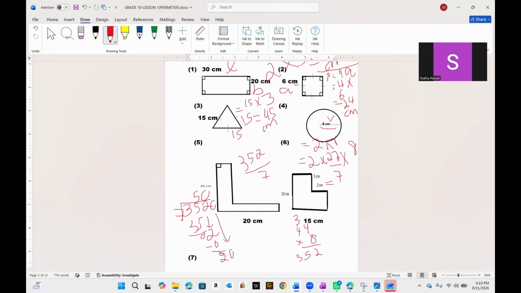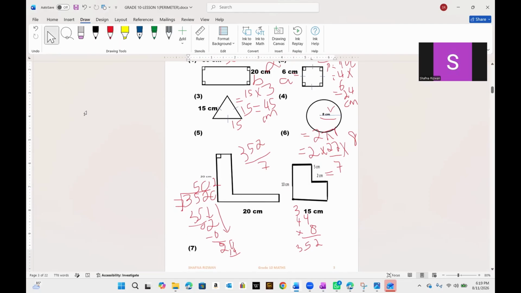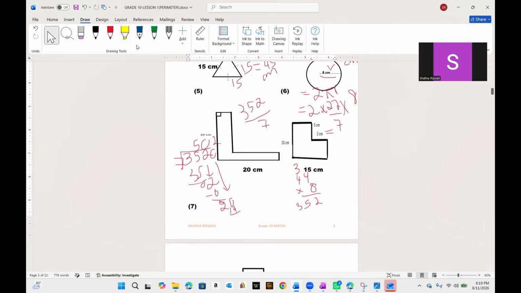In 20, how many 7 do you have? 7 twos are 14, only that you can take. 20 minus 14 you will get 6.